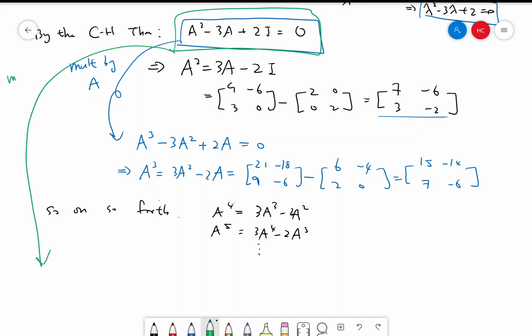Let's take this. If we multiply by A inverse, then we get A minus 3I plus 2A inverse equal to 0.